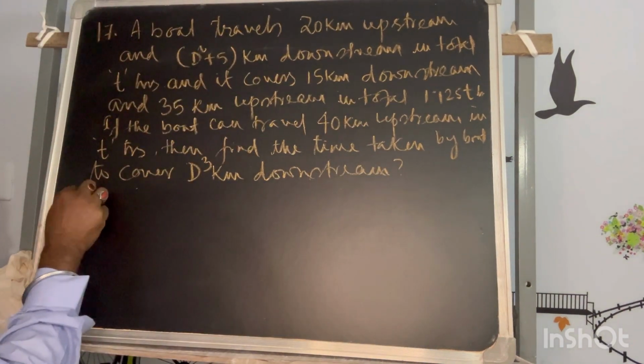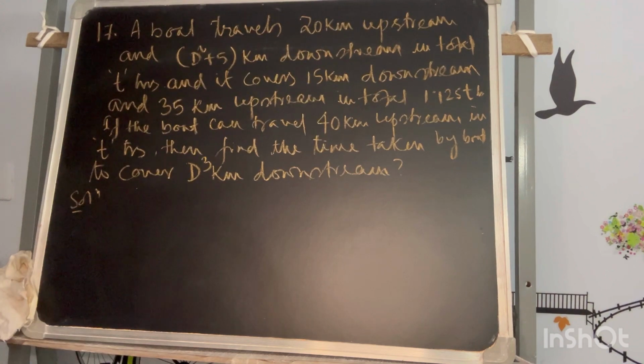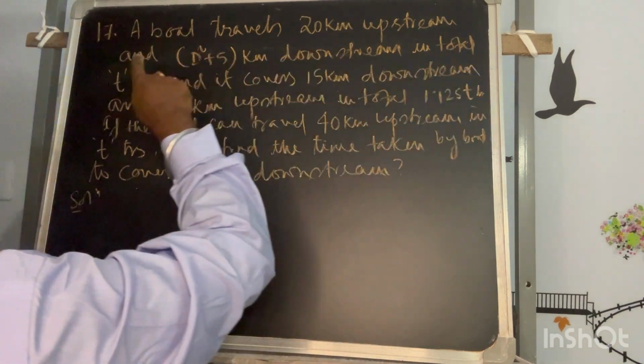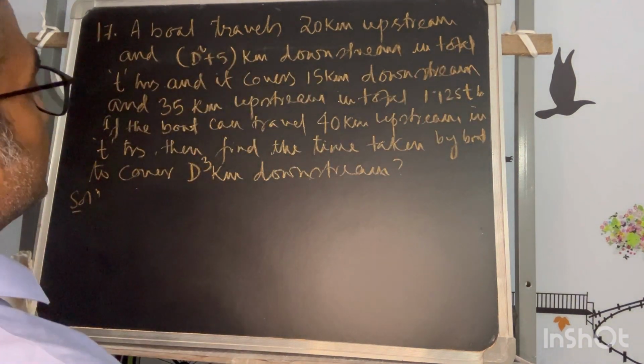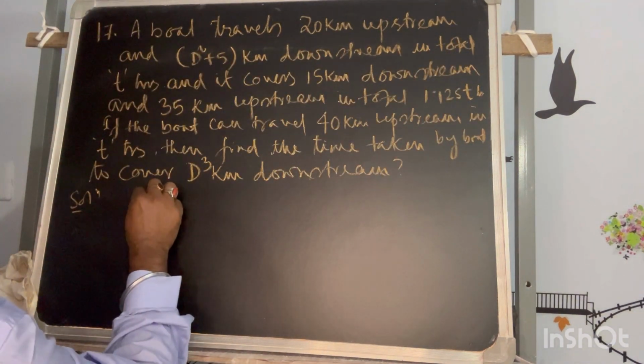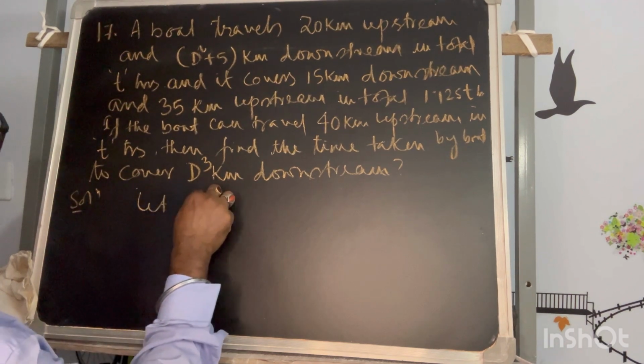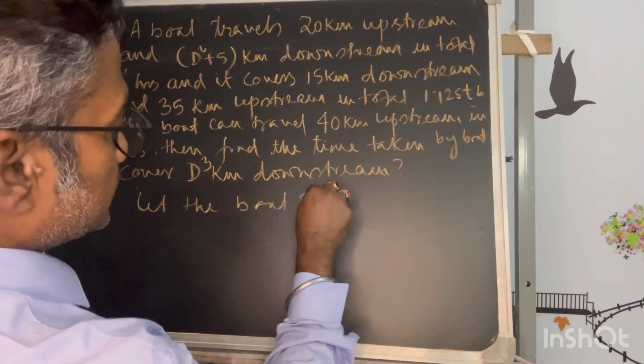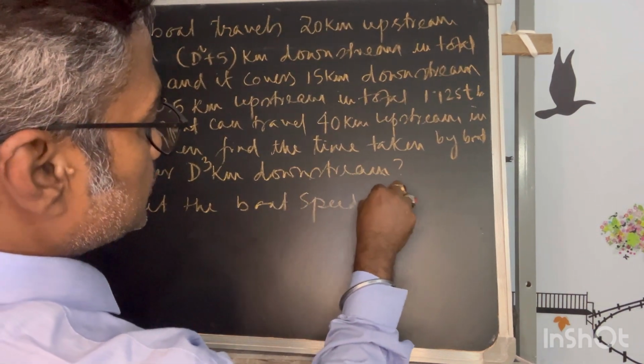Okay, so a boat travels 20 kilometers upstream and this much kilometers downstream in total t hours. Let the boat's individual speed be b.